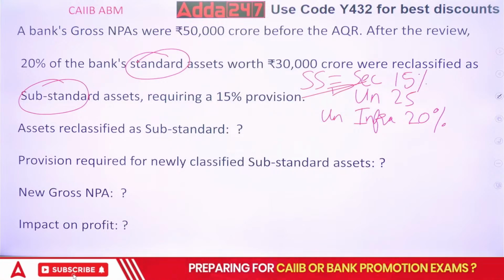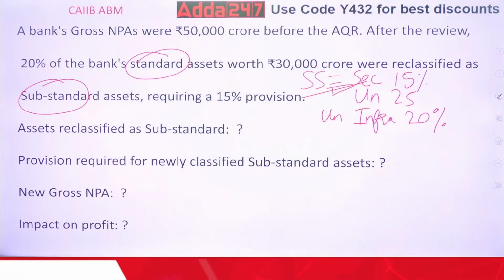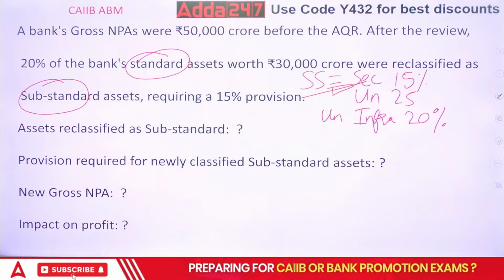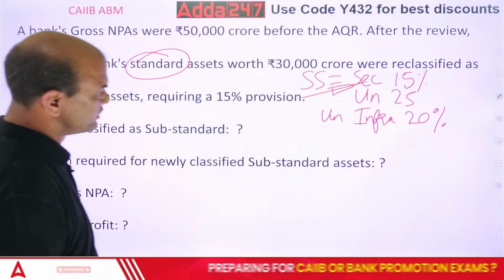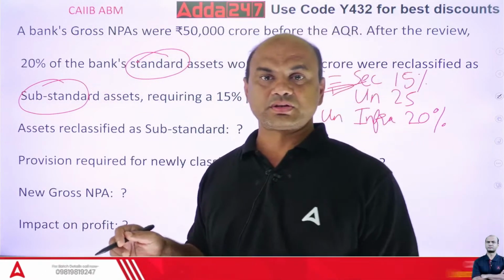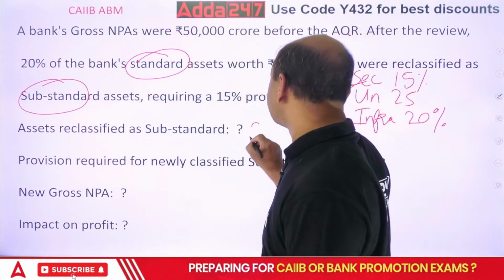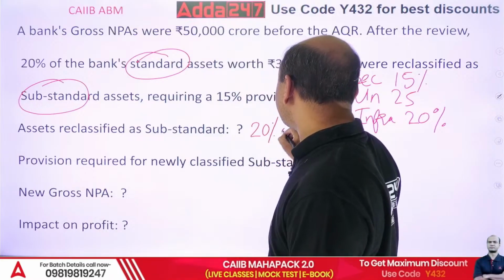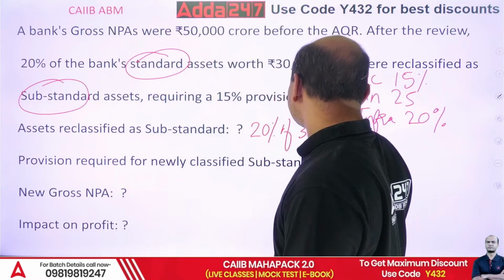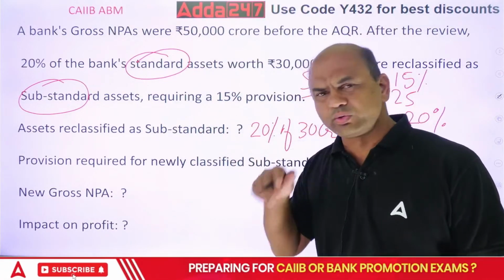What is it given? 20% of what? 20% of the bank's standard assets worth 30 crores. So what we'll have to do is, 20% of the 30 crores will be reclassified as substandard. So 20% of 30 crores will be these new NPAs.